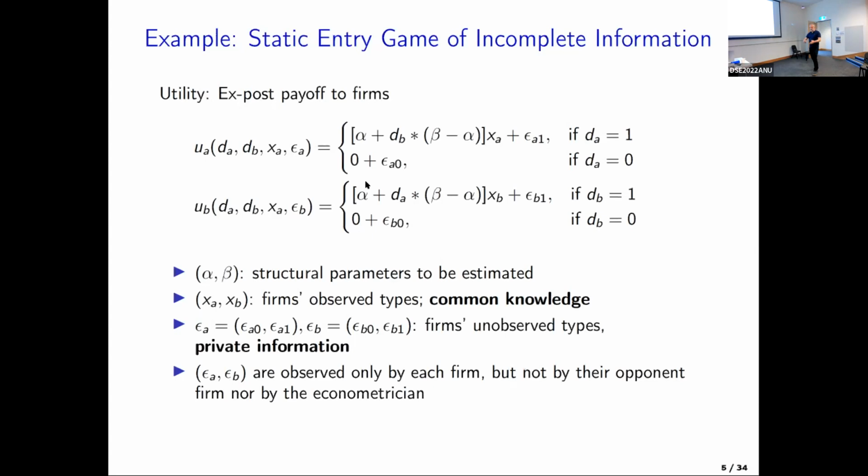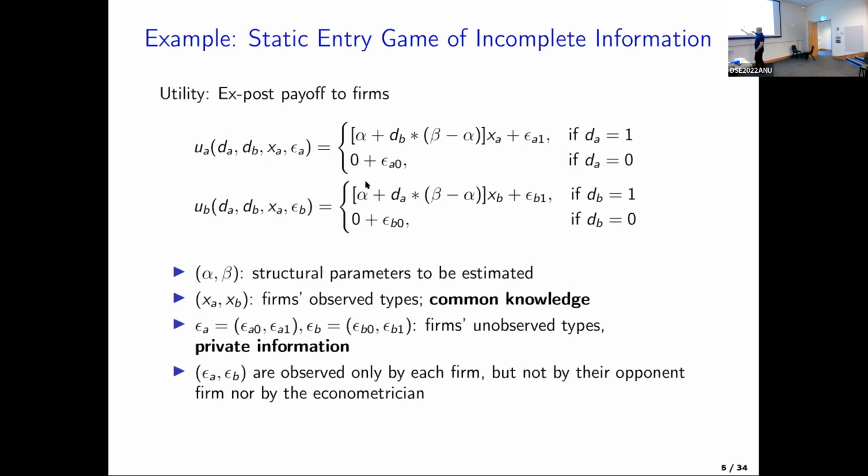If you have a big negative beta, it's going to be a big penalty, and it's going to be like an anti-coordination game. You don't want to be there at the same time. So what we want to do is, given data on these observed decisions of whether or not these two firms are active in the market, try to see if we can estimate alpha and beta.